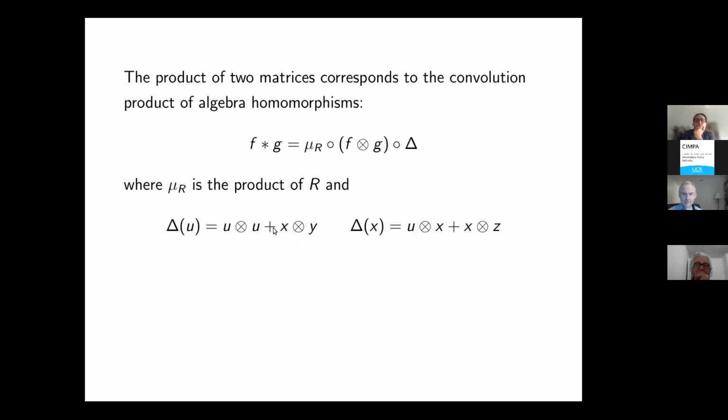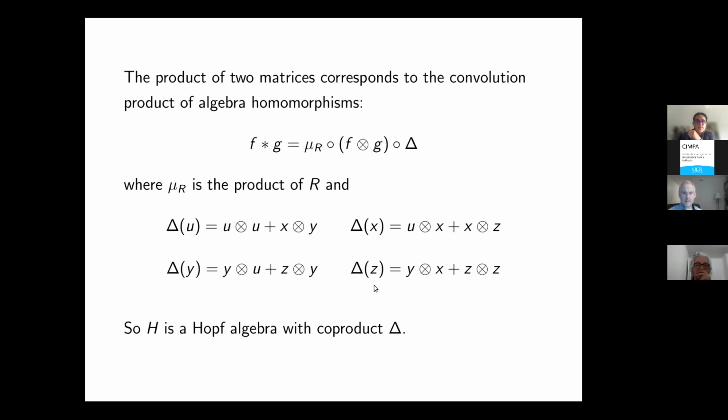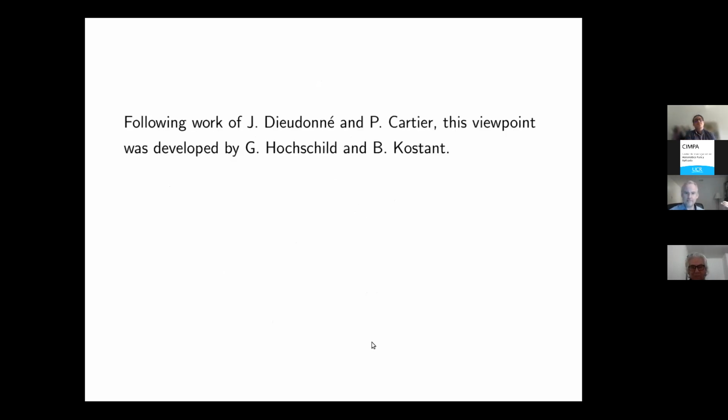This is basically the second component in the matrix multiplication. I will explain this on a sheet. Here we go. So this is what we have. This is what we get because we can multiply matrices in SL2R. This means that, and this depends functorially on R, this means for the representing object that it is a Hopf algebra with this coproduct delta.